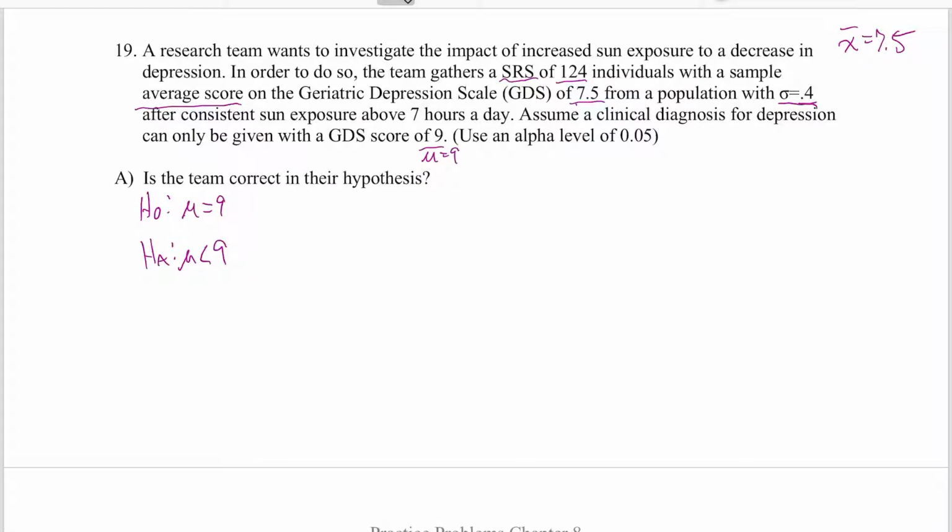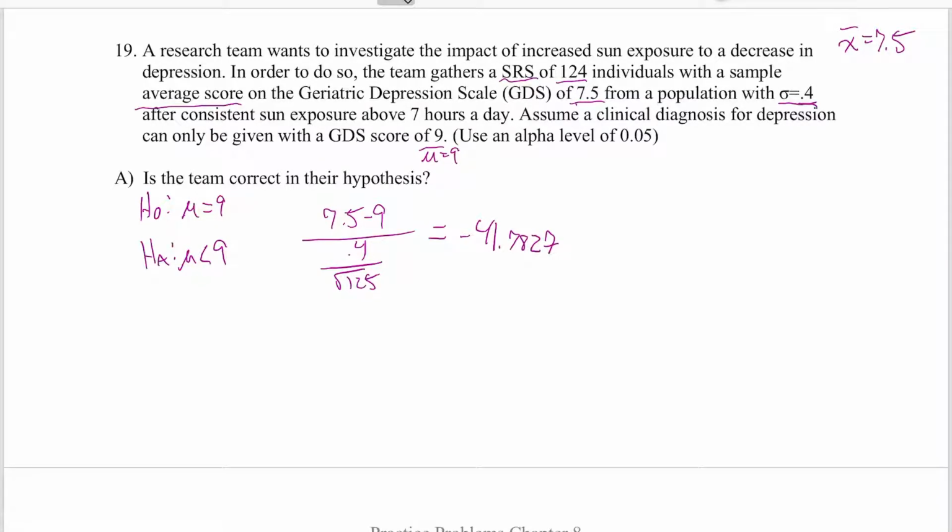9. When we set up our test here, we're going to take 7.5 minus 9 all over 0.4 over the square root of 125, and that's going to give us a value of negative 41.7827.